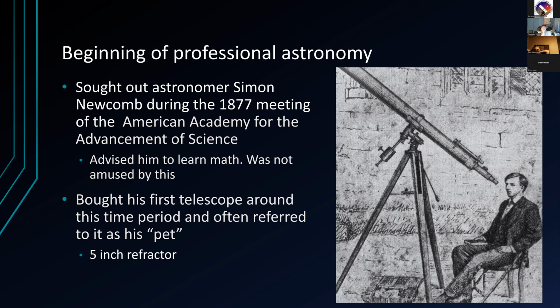Shortly after that meeting, he bought his first telescope, a 5-inch refractor, which he bought out of Pennsylvania, and he referred to it as his quote-unquote pet. Kind of a weird moniker to add on to a telescope, but I believe some of us feel the same way about our own equipment.